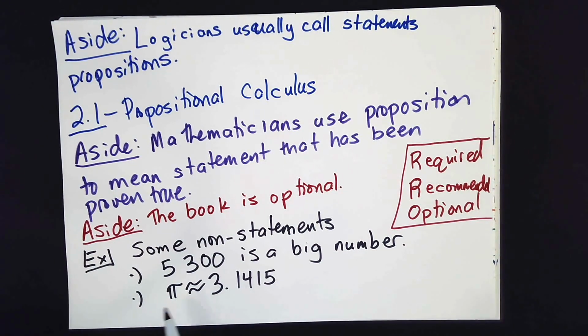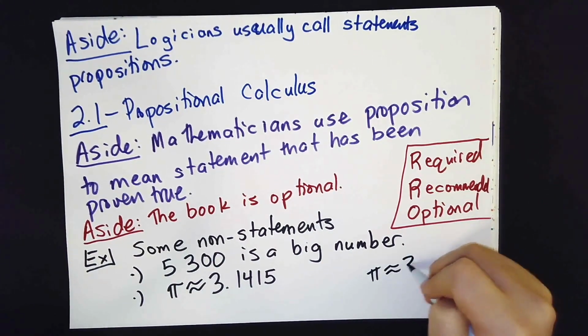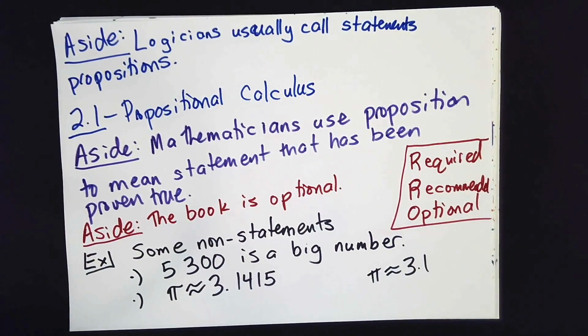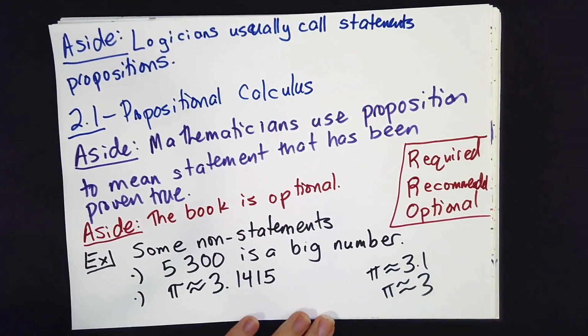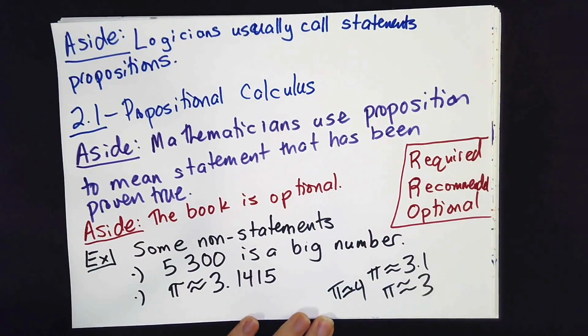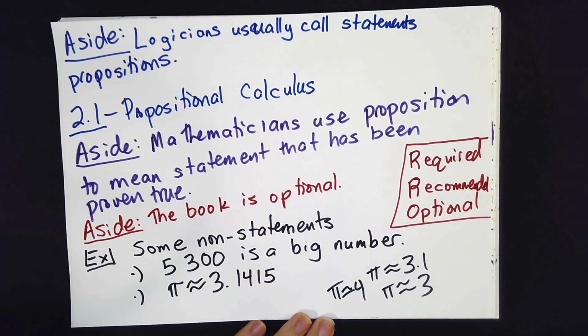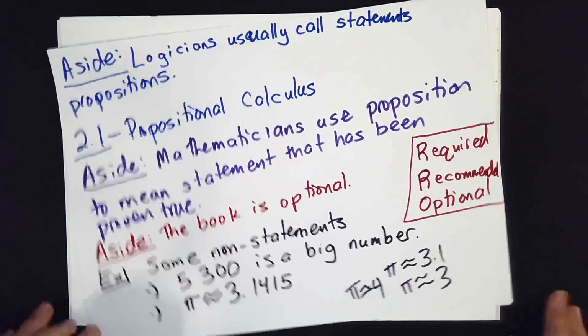And so you might say, well, I'm certain pi is approximately 3.1415, but then what if someone asks, well, hey, is pi approximately 3.1? What if someone says pi is approximately 3? What if someone says pi is approximately 4? Are these true? Who knows? And so, again, these are not rigorously defined concepts, and so they're not going to make statements.